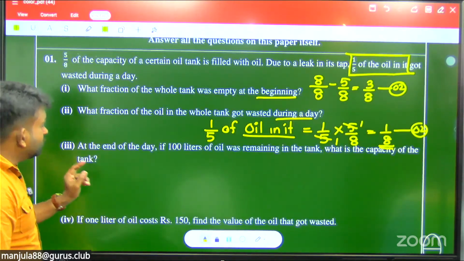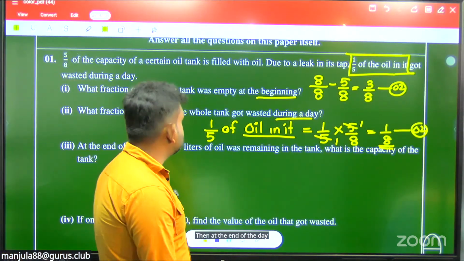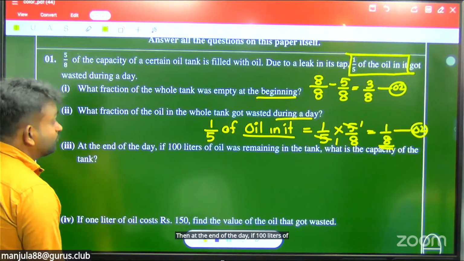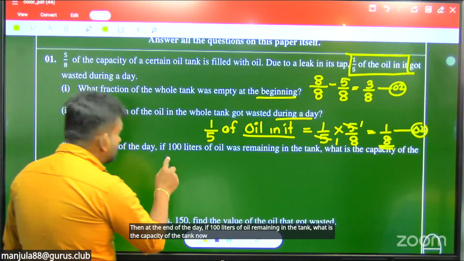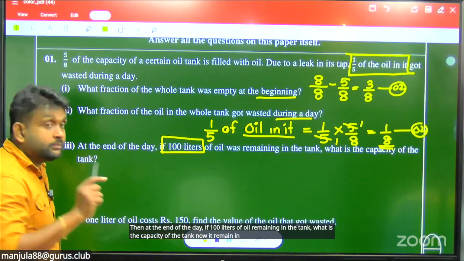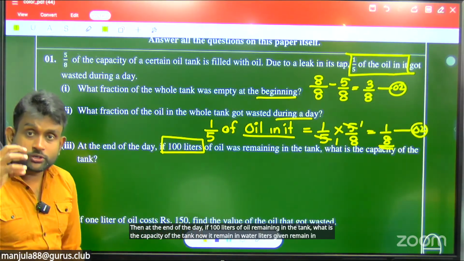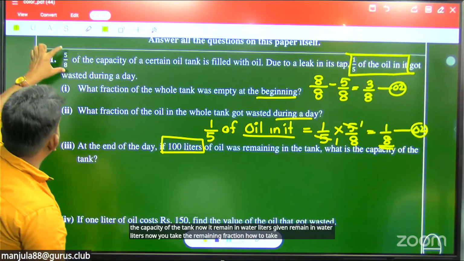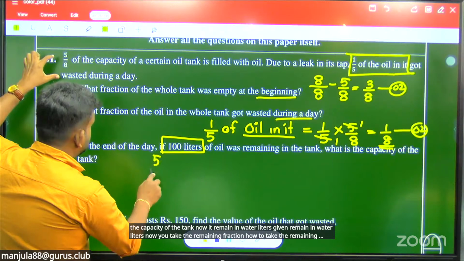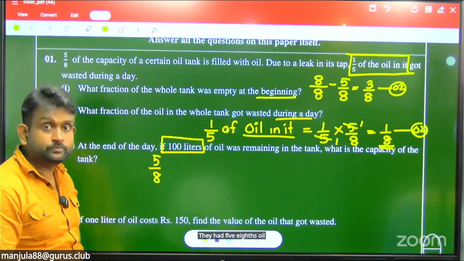Then at the end of the day, if 100 liters of oil remaining in the tank, what is the capacity of the tank? Now, remaining liters are given, so you take the remaining fraction. How to take the remaining fraction? They had 5/8 oil at the beginning.